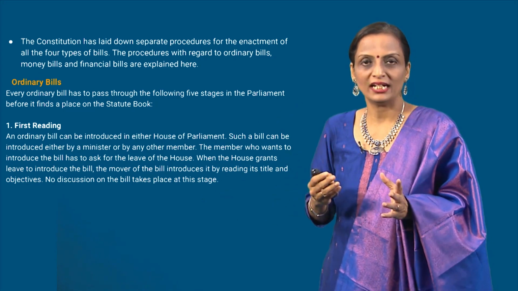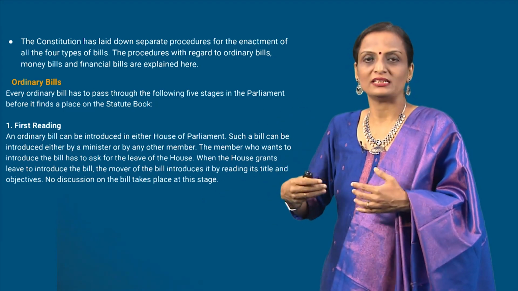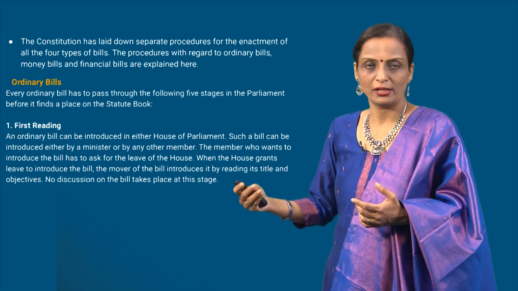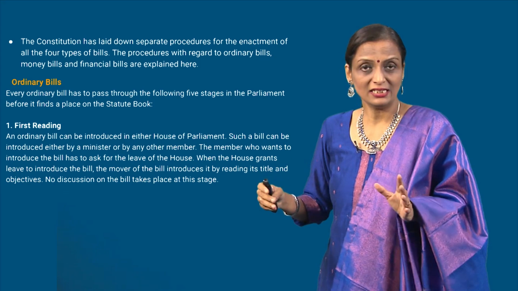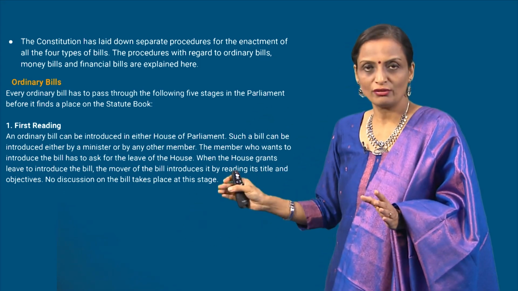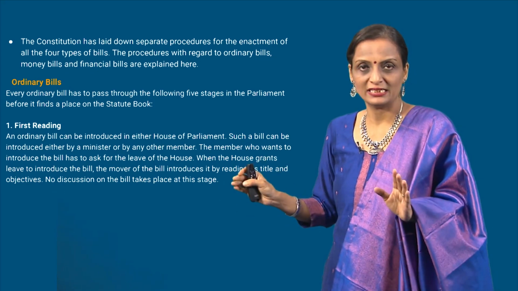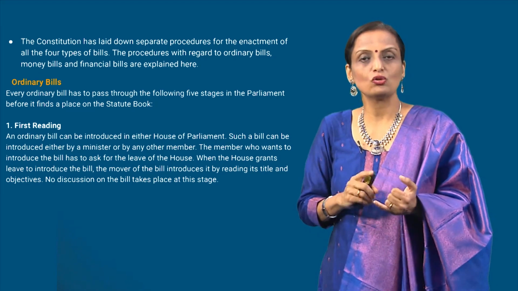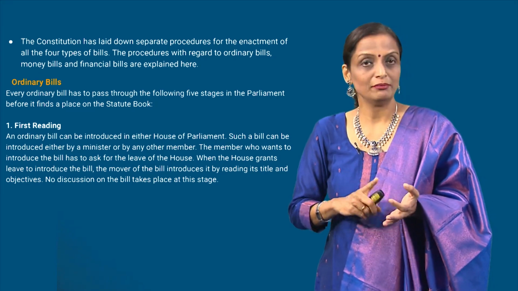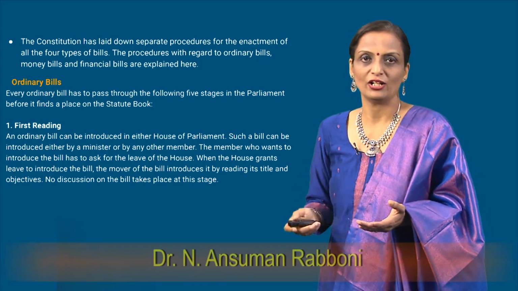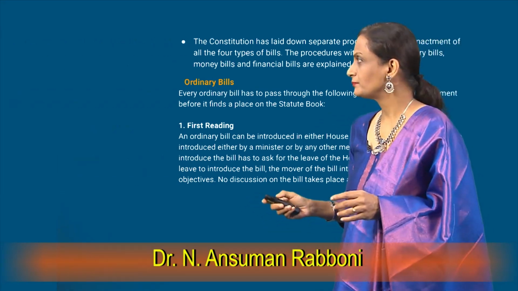You should know that when you need to present a bill, you should get the leave of the House, and on getting the permission, it won't be discussed, but it will be only the introduction of the bill. You must also remember that there will not be any discussion, but it can be published in the Gazette. So, these two things can happen simultaneously, and this constitutes the first reading of the ordinary bill.